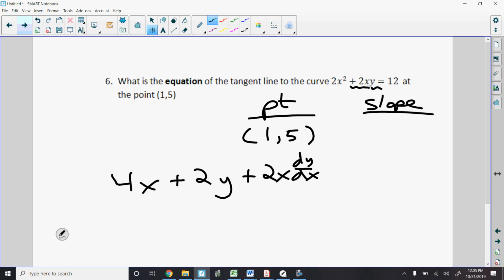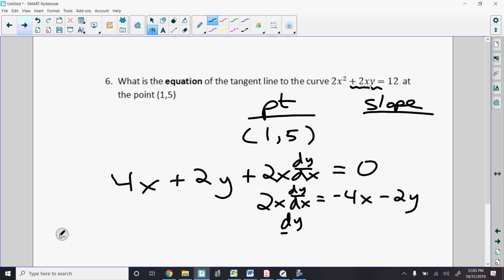Okay, so I followed my product rule, equals 0. Now I'm going to go ahead and solve for dy dx. So I'm going to subtract away 4x and subtract away 2y. And then divide by 2x.